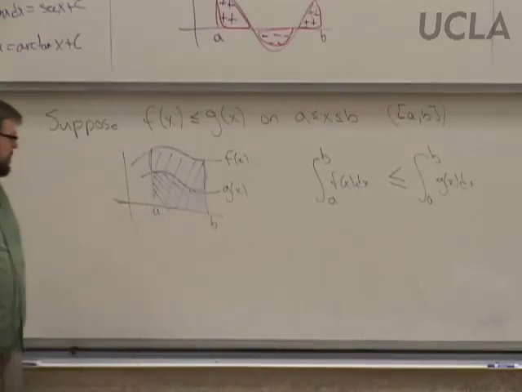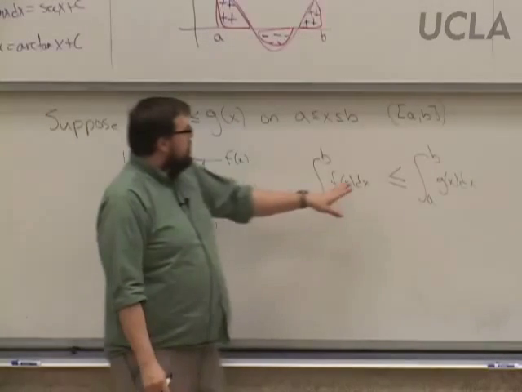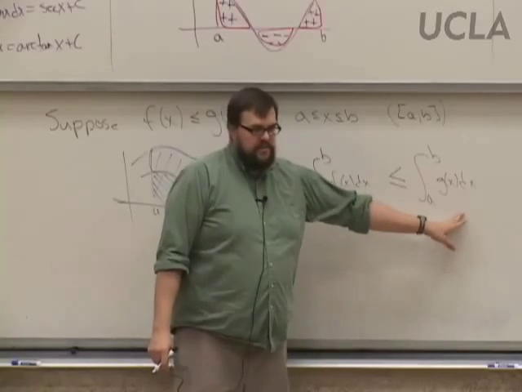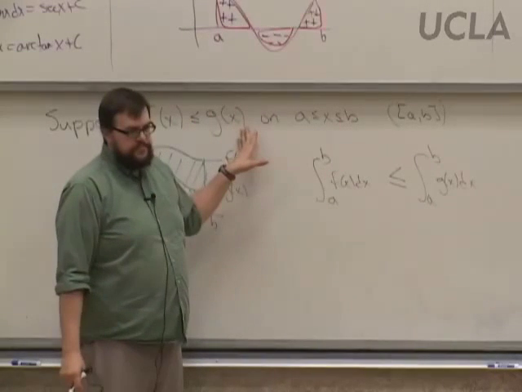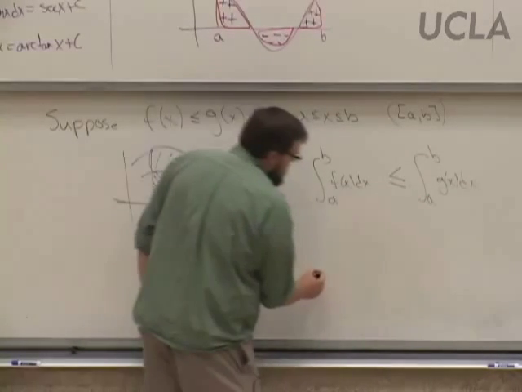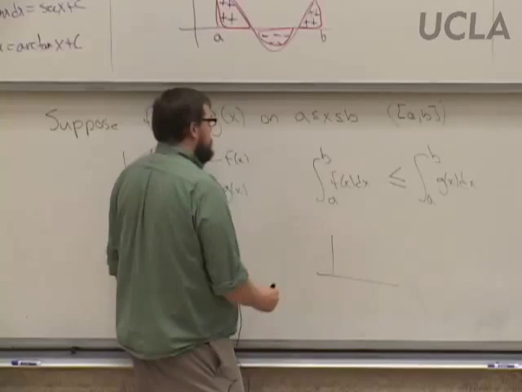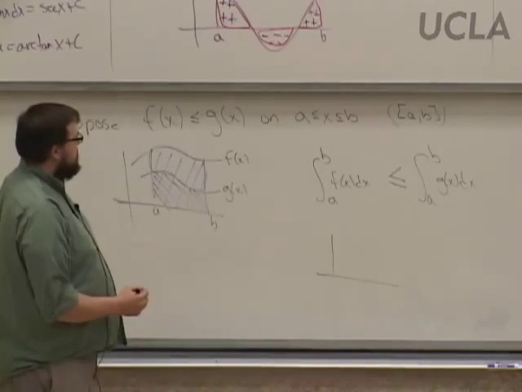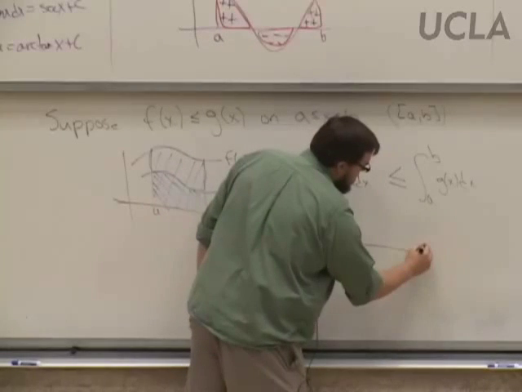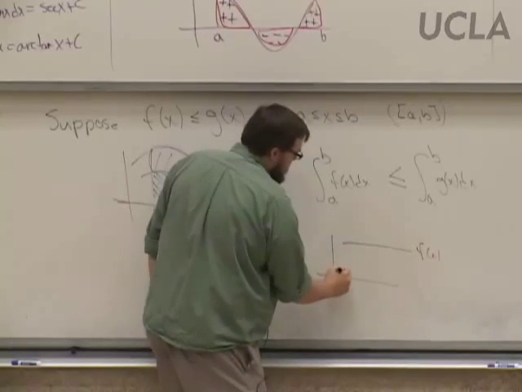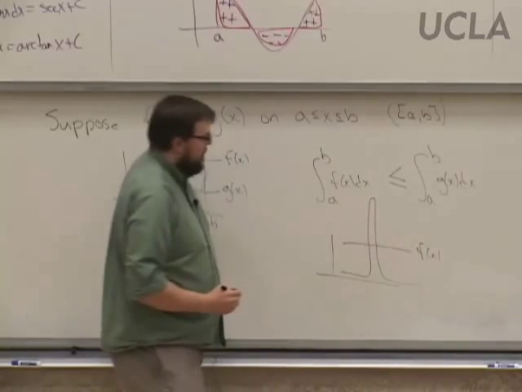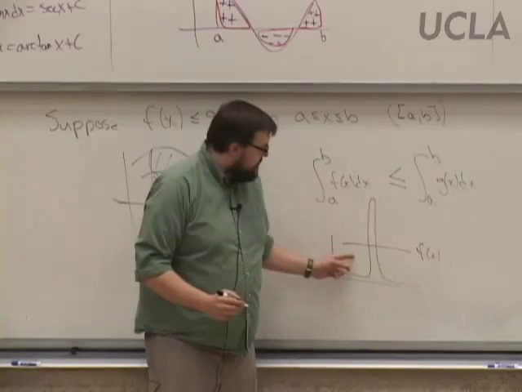This is not surprising. Now, be careful: the opposite isn't true. Just because the integral from a to b of f of x is less than or equal to the integral from a to b of g of x does not mean that f is always less than or equal to g. What can happen is I can have f be something like this, and then I can have g of x do something like this.